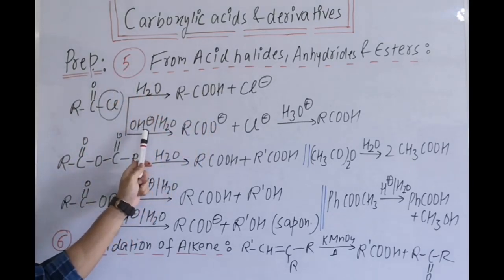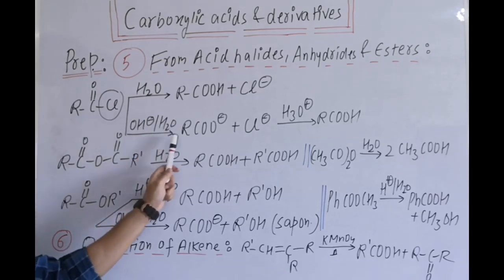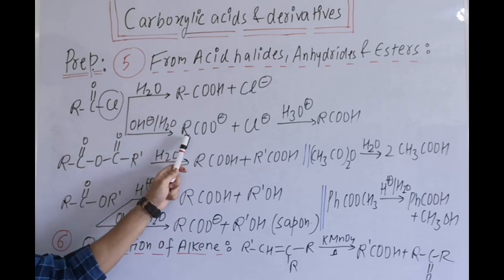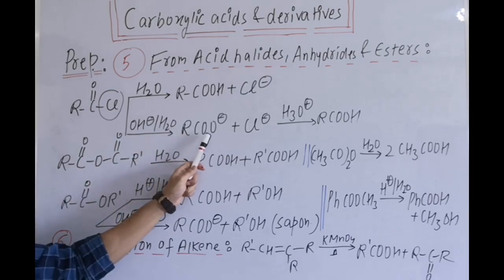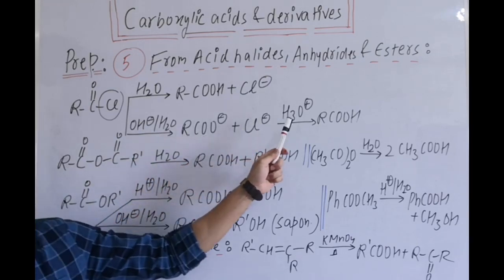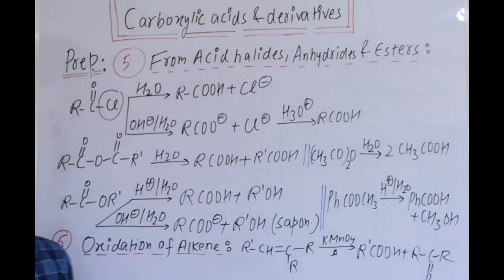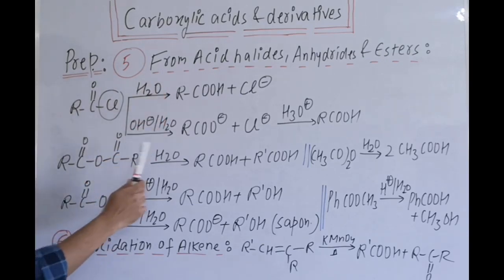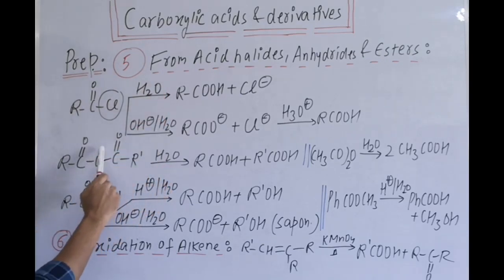Same way here, in alkaline medium it forms RCOOH, but due to the alkaline medium, that carboxylic acid will lose H plus and form a salt. We can add H plus, H2O and we get carboxylic acid. Simply nucleophilic acyl substitution, Cl substituted by a nucleophile. Next, anhydride.